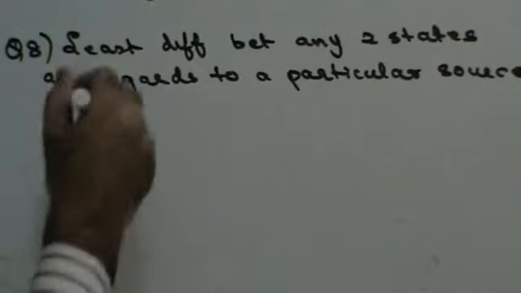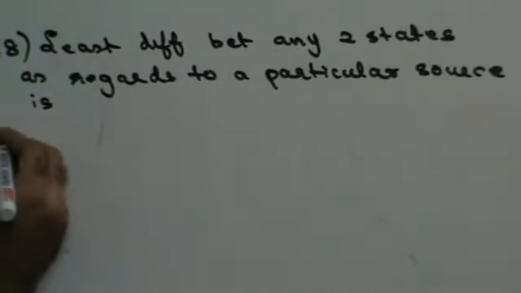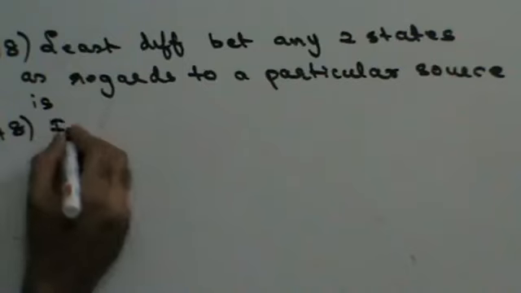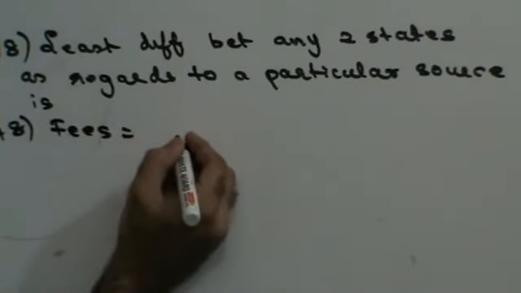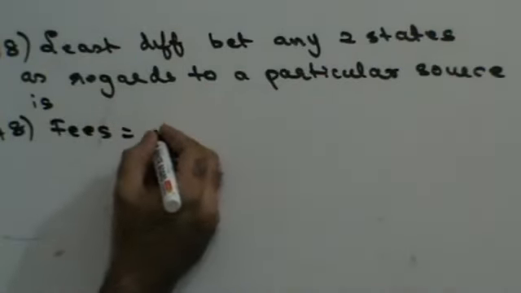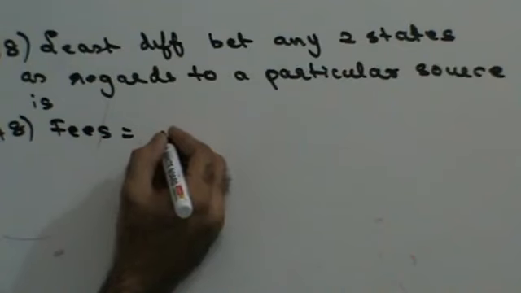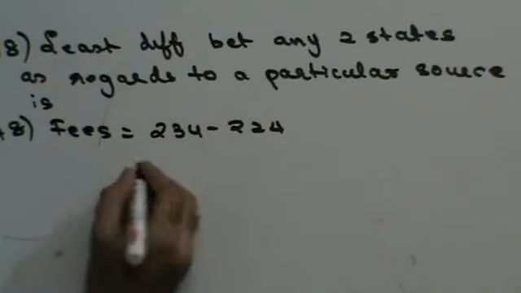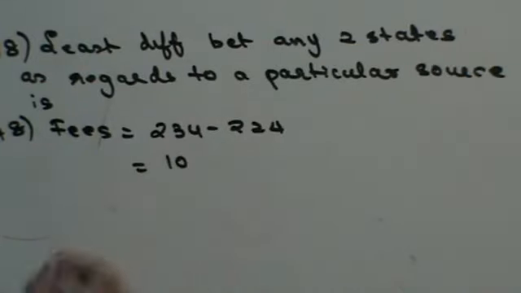I want to find out the least difference as regards to a particular source. Now let's consider fees. For West Bengal the fees is 224, for Uttar Pradesh it is 234. So 234 minus 224, the difference is going to be 10. That is going to be the least difference between any two states as regards to a particular source.